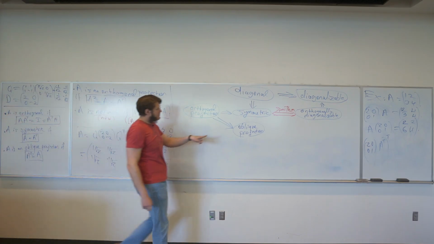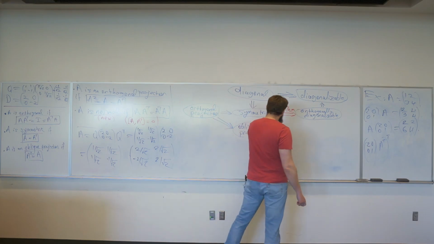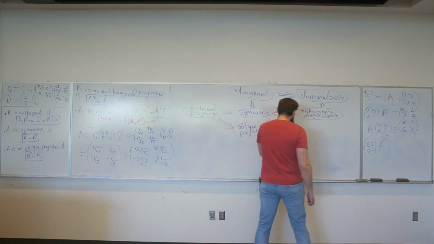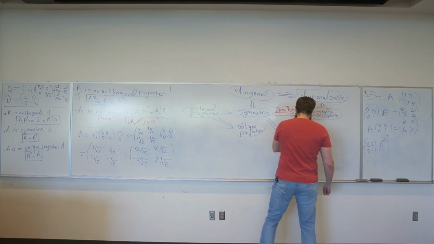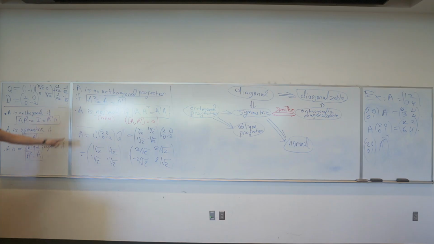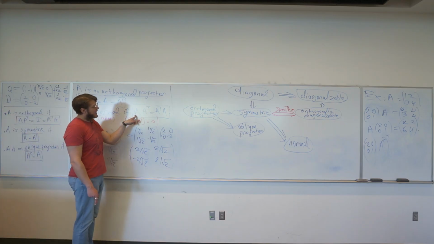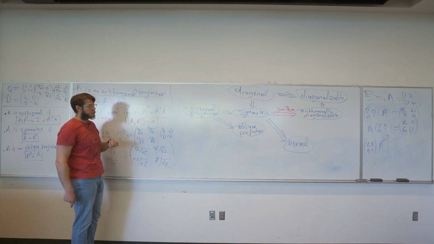Now, if I have a symmetric matrix, A equals A transpose, that implies normal. For a symmetric matrix, A transpose equals A, so the left-hand side is A squared, and so is the right-hand side. Symmetric implies normal.